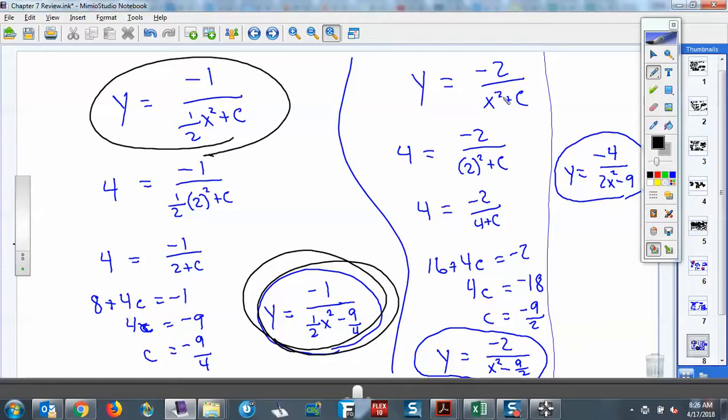Then I showed what it would look like if you use this version, right? If you use this version, remember my c was different. I remember 2c turned into just a c. So then on this one, I got c equals 9/2, and it looked like that. And then what I did is took top, bottom times 2. If you want to clean it up a little bit, it could end up looking like that. So I mean, all these different versions you could end up with.